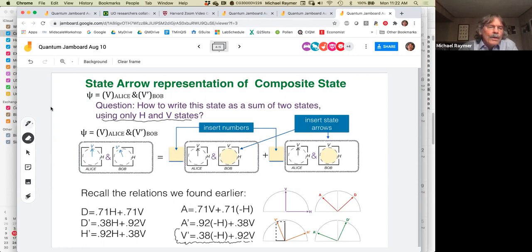You have to draw inside the circles only this or this or this or this. Those are the possible H and V states, because notice that down here, I've only used the H and V states to represent everything, because we want to know what's the probability that Bob's going to get H if he measures in an HV basis.